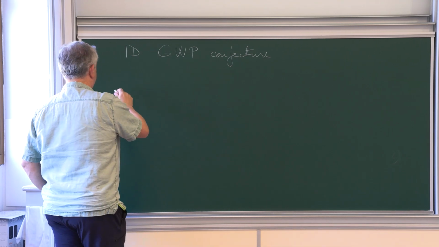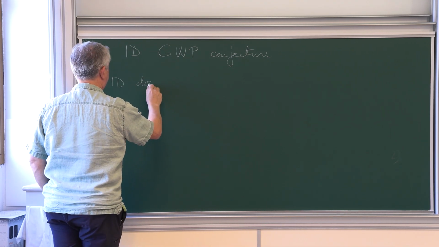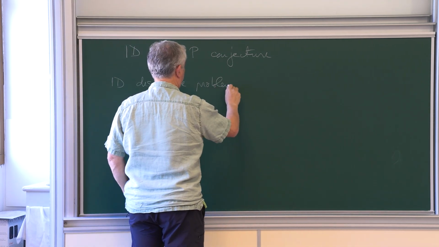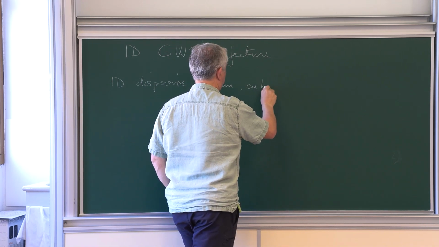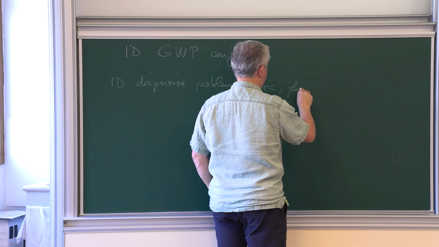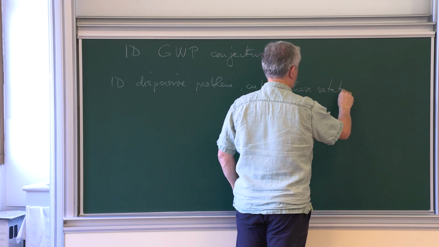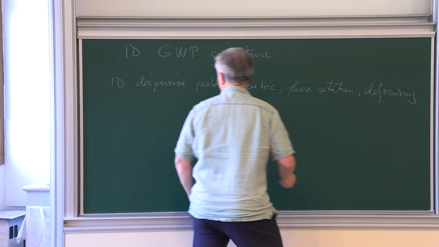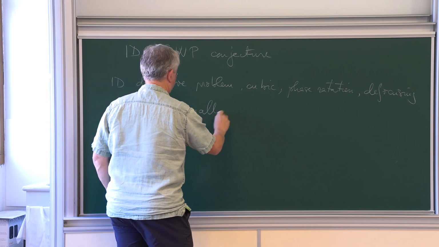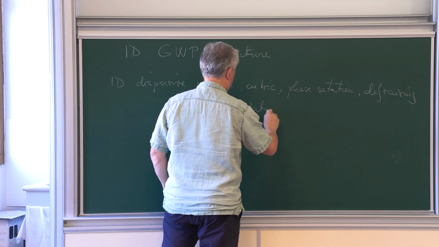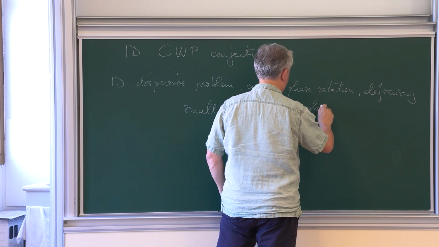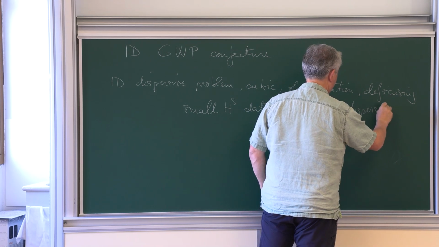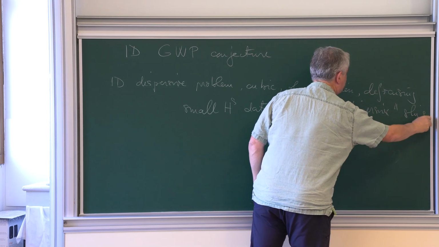So this says that if we have a 1D dispersive problem, which is cubic with phase rotation and defocusing, then small H^s data implies global dispersive solutions.